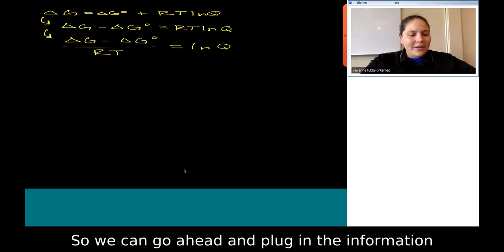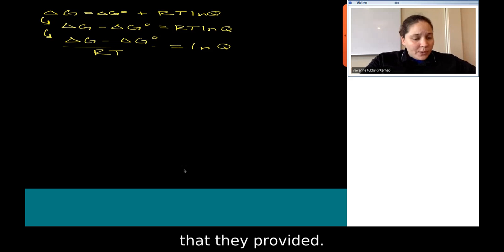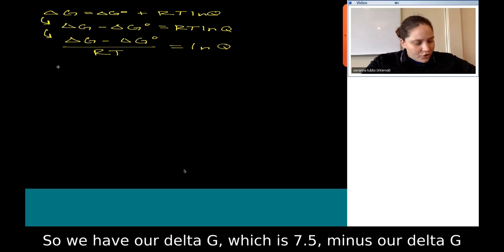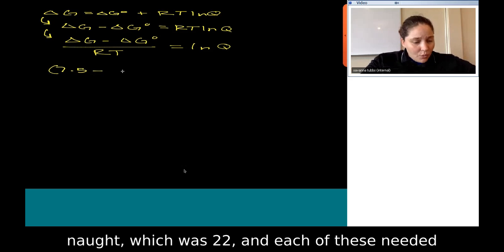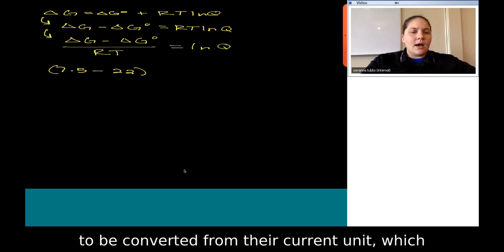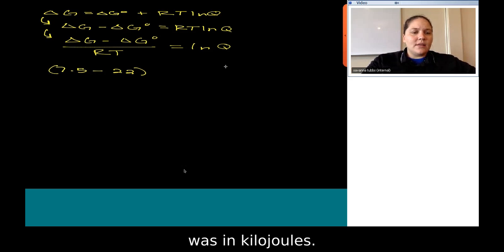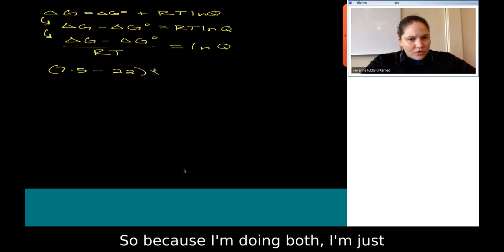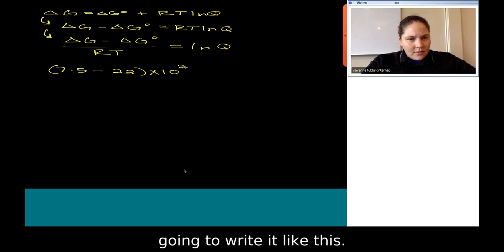So we can go ahead and plug in the information that they provided. So we have our delta G, which is 7.5, minus our delta G naught, which was 22, and each of these needed to be converted from their current unit, which was in kilojoules. Because I'm doing both, I'm just going to write it like this.